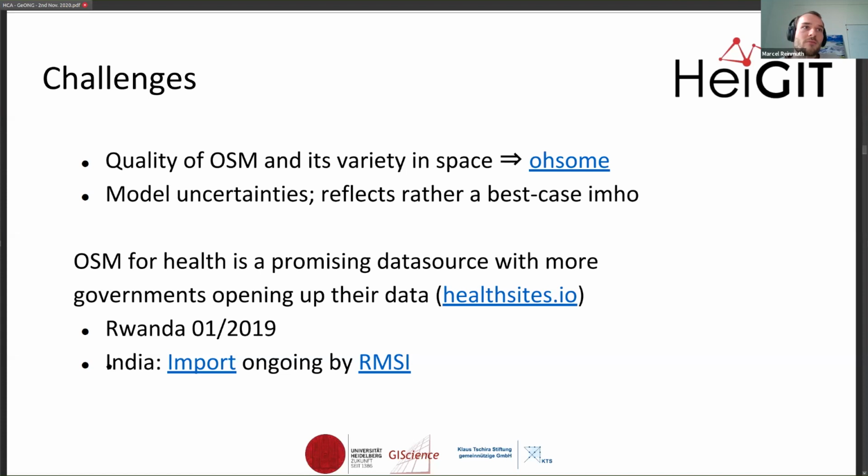But let me talk about OpenStreetMap for health again, as I think OpenStreetMap, and I'm clearly speaking here also for Mark, OpenStreetMap is a promising data source for governments opening up the data. We have some examples. Rwanda opened it up. In India, super cool. They already had opened up their data, but several different pages from different agencies.